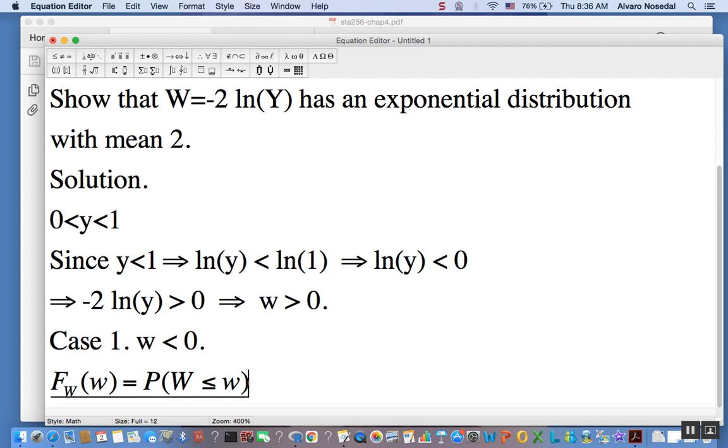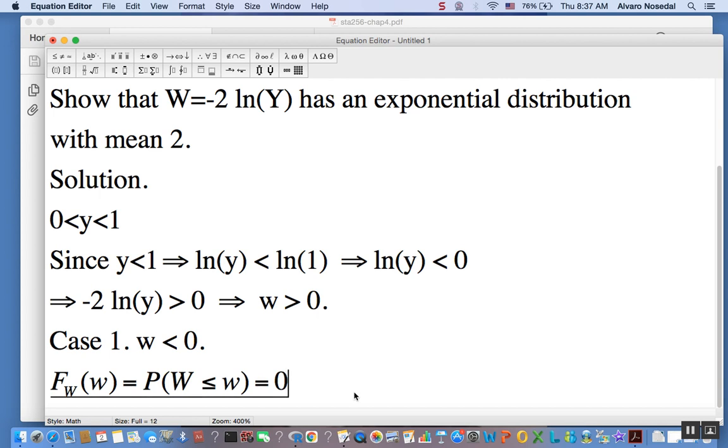But we know that the values that are assumed by this transformation are always positive. So for instance, the probability that minus 2 natural log of y is, say, less than -3 is 0, right?